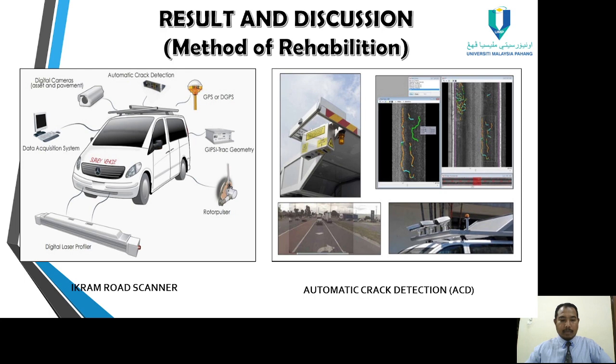The IKRAM Road Scanner (IRS) is used to collect accurate time-stamped data on road pavement deterioration. Automatic crack detection (ACD) enables automatic detection of cracks and other road surface features.